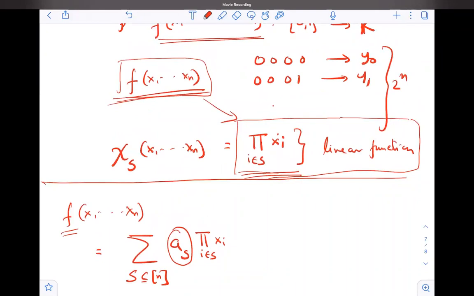Then can we write A_S equals Y_S? No, A_S is not Y_S, but we can write this as something like, just a second. Actually, I made a mistake over here. You don't write it here. Okay, so this will be. You have to prove that these are the linear functions.